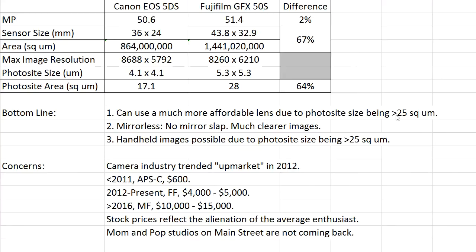So the glass is going to be more expensive inherently, but to minimize the financial hardship even more, they're saying, look, if we keep the photosite size greater than 25 square microns, the glass doesn't have to be quadruple-A rated glass. We can get away with some decent glass, and that's what they're doing here.